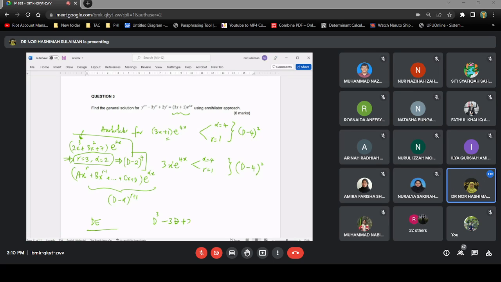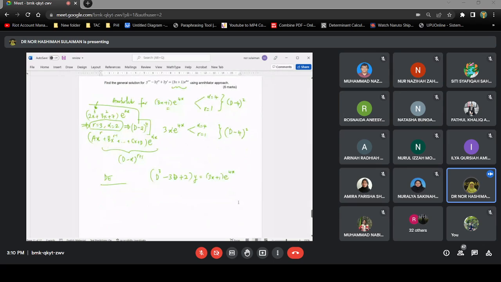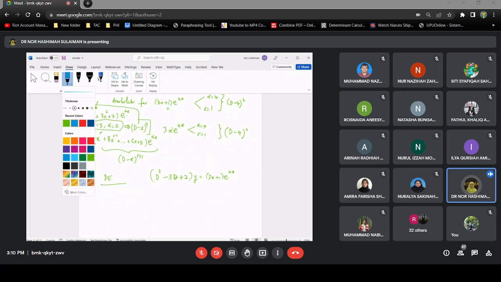Put it in a bracket. y equals to 3x plus 1 e to the power of 4x. Okay, ni saya dah explain kat you hari ni, jangan hari ni saya explain besok lupa dah. Atau nanti masa exam buat lagi silap yang sama. Okay, itu memang angin lah tu, saya berangin nanti sekarang.